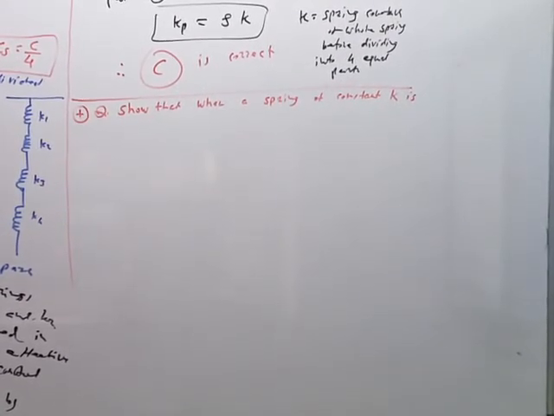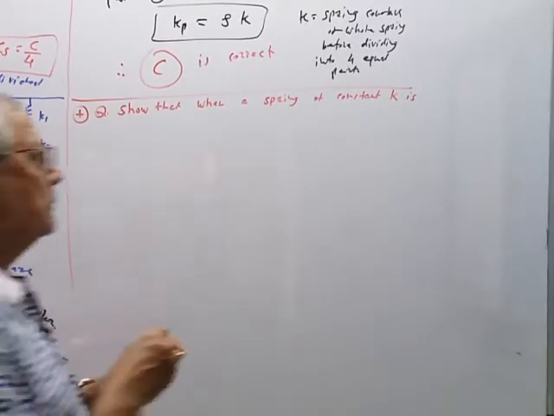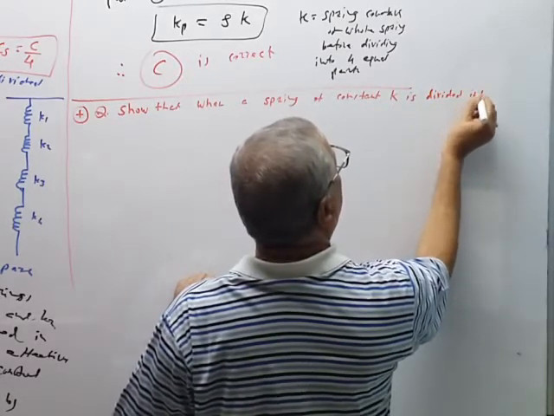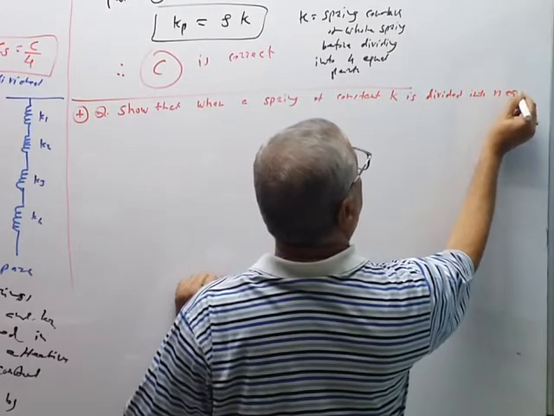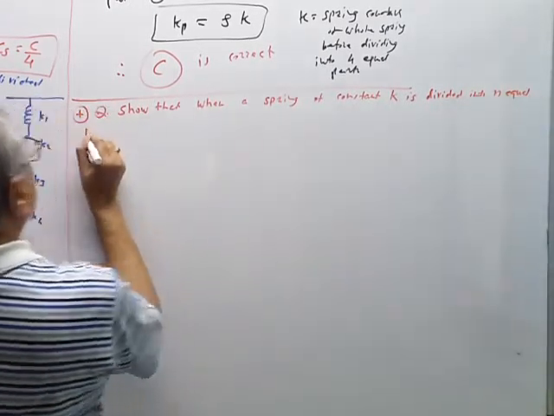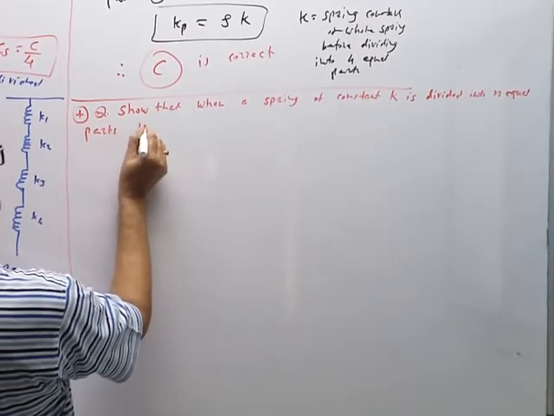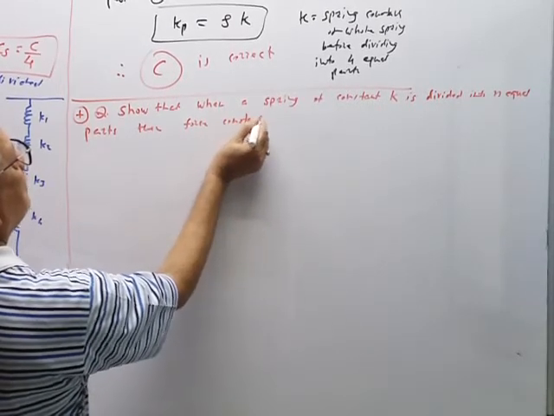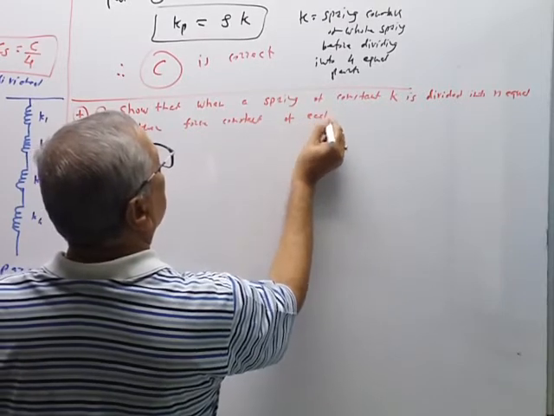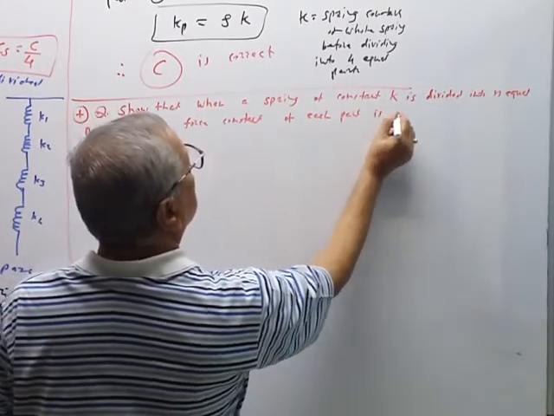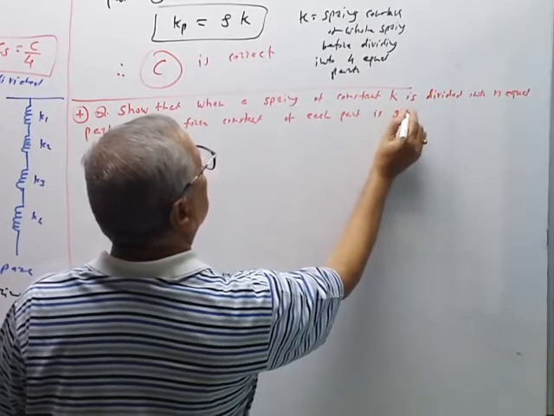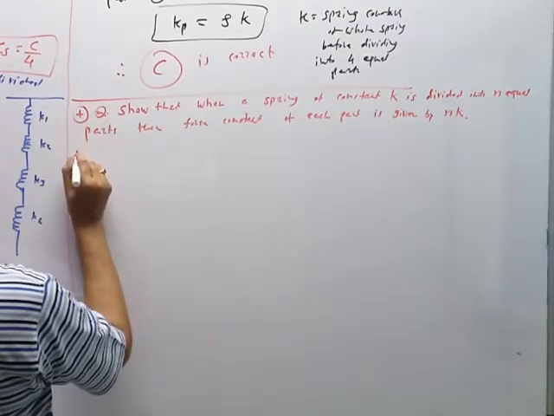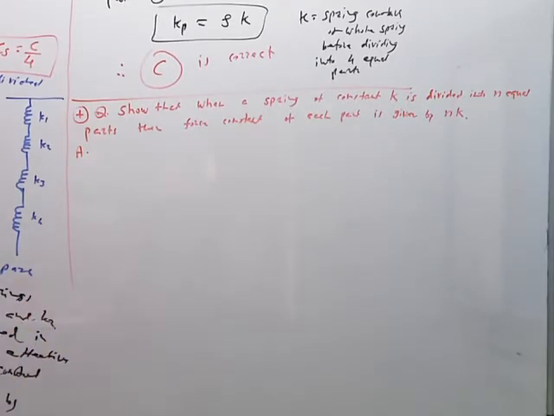When a spring of constant K is divided into n equal parts, then the force constant of each part is given by n times K. So we are using this figure.